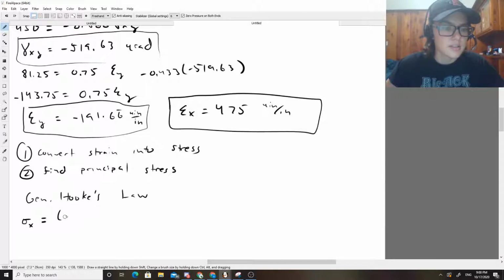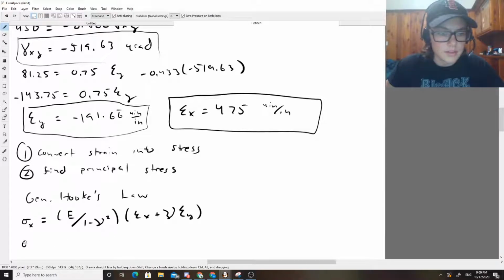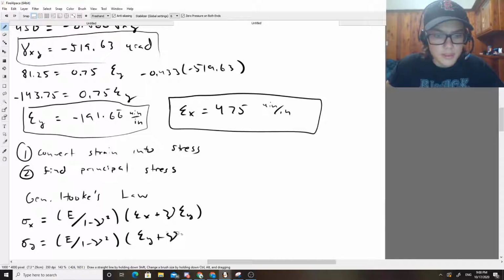Stress x is equal to modulus of elasticity, 1 over 1 minus Poisson's ratio squared, multiplied times strain x plus Poisson's ratio strain y, and then stress y is equal to modulus of elasticity, 1 minus Poisson's ratio squared, strain y plus Poisson's ratio strain x.